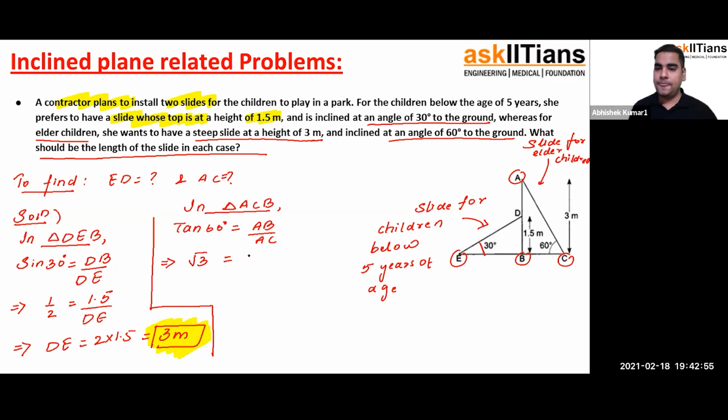AB is given as 3 meters in the problem, over AC. So what will you get from here? The value of AC will be 3 over root 3. Or if you rationalize it, you will get 3 root 3 over 3. Here you can cancel 3 and 3. So we are getting AC is equal to root 3 meters.